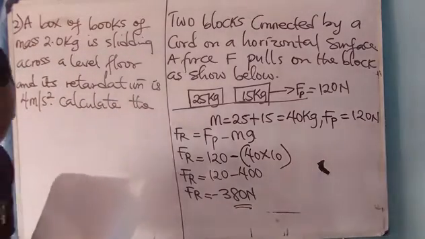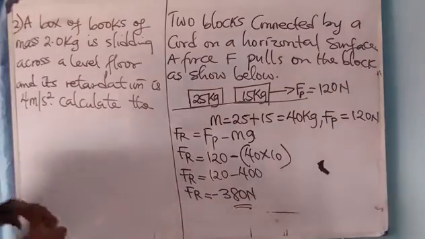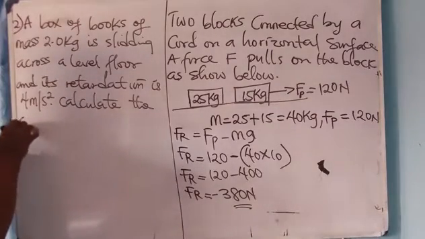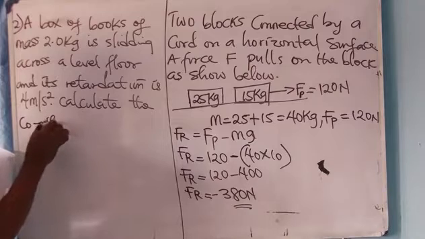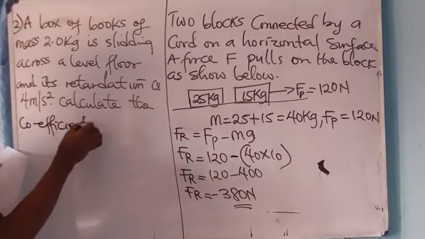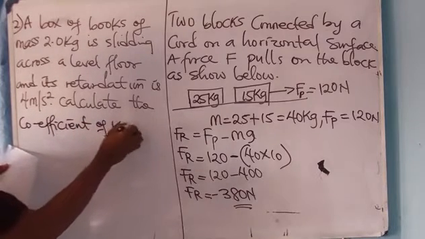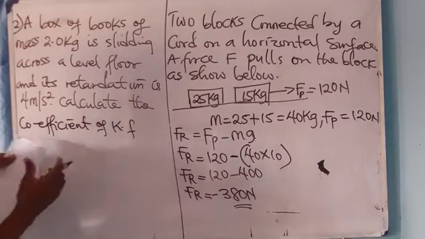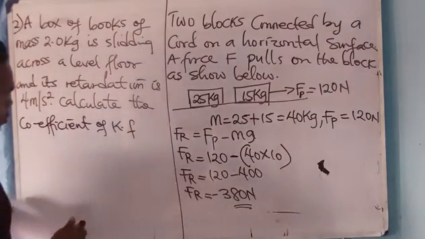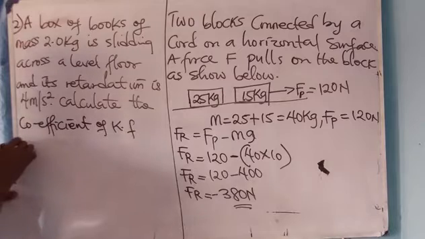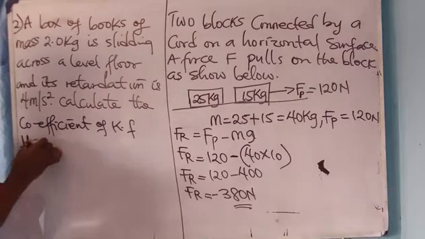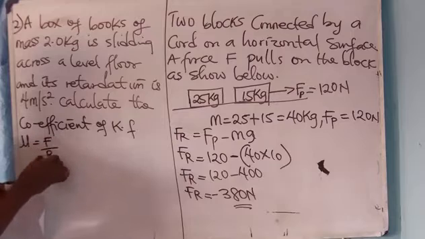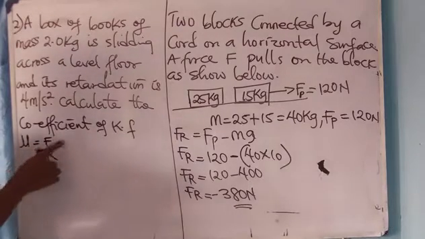Calculate the coefficient of kinetic friction. They give us g to be 10 meters per second squared. The coefficient of friction is F over arrow.